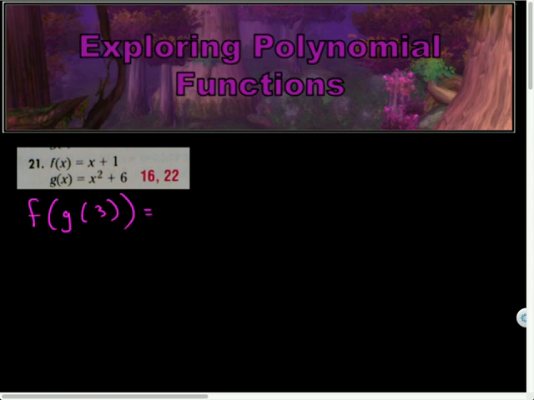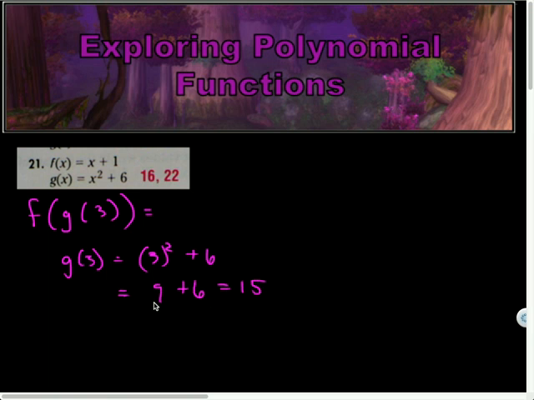In order to figure this out, the first thing I'm going to do is figure out what g of 3 is. And it just means I'm plugging in 3 for x in g, so 3 squared. And whenever you substitute or plug in, you should probably use parentheses. So that's 9 plus 6, right? And I'm going to get 15.